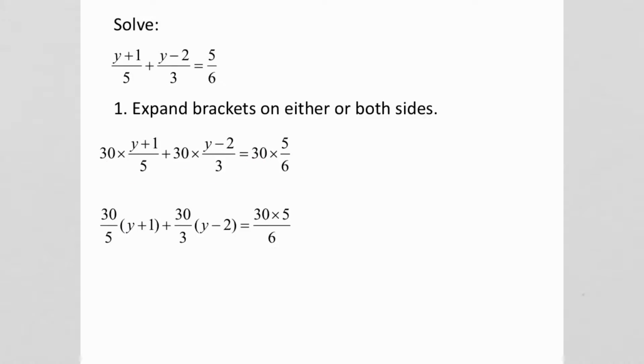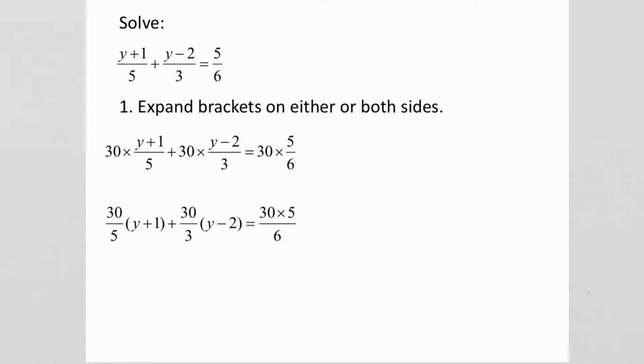So what I'm doing here is getting the fractions together. The 30 and the 5 go here, the 30 and the 3 go here, and finally the 30 and the 5 stay on the top, and the 6 goes on the bottom there. If you look at it carefully, it's starting to look more like what we started with in the other example.